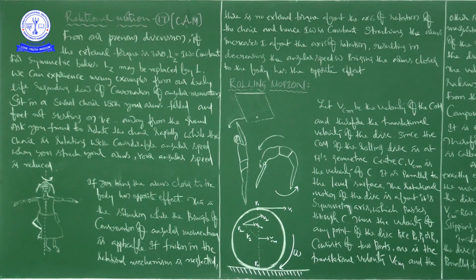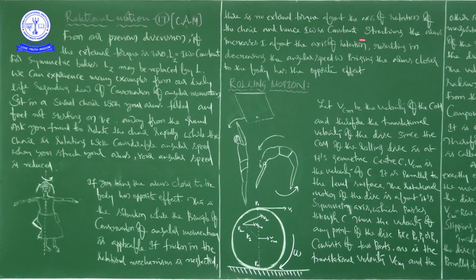And you know the formula I is equal to mr square. When she is stretching her arms, the r value will be increased so that I will be increased. I am saying the cause why I is going to increase. But according to this formula, when I is increased, omega should be decreased. So that only is happening.